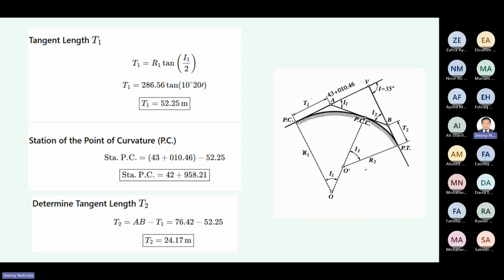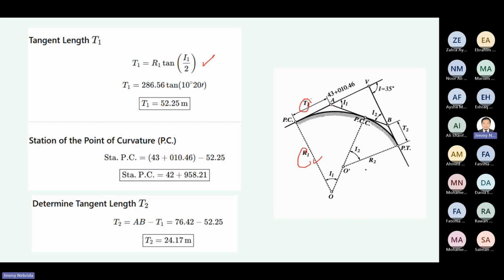Once you have your R1, then you can calculate T1 using this formula: R1 tangent I1 over 2. You have T1. Now, the question is the station of the point of curvature.